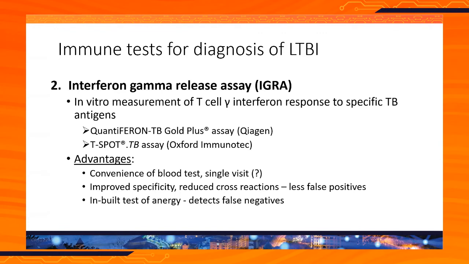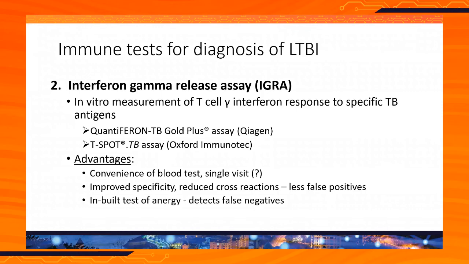The advantages of these tests are the convenience of the blood test, and therefore that the patient really only needs to visit for a single visit, although I'd argue that they should come back for the second visit to get the result. Secondly, that they have improved specificity. This means there's less of the cross reactions because the antigen that's used to induce the immune response is very much more specific to the MTB organism.